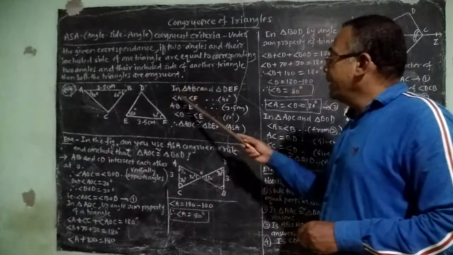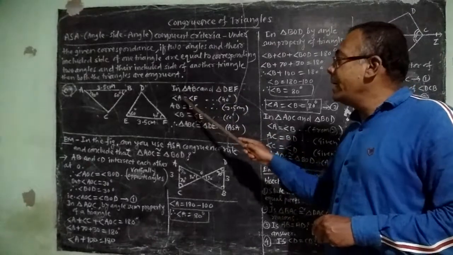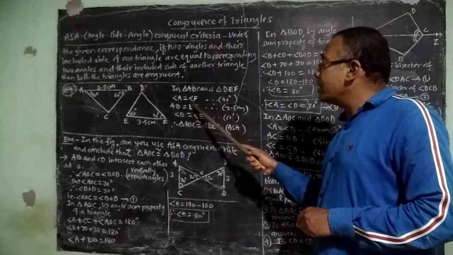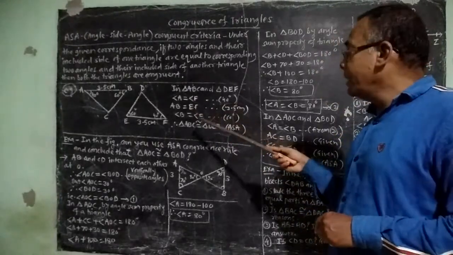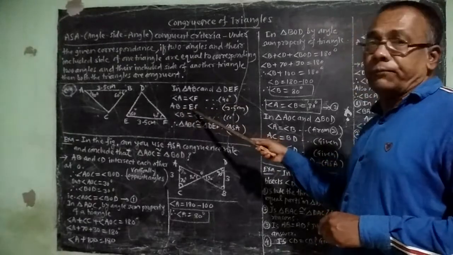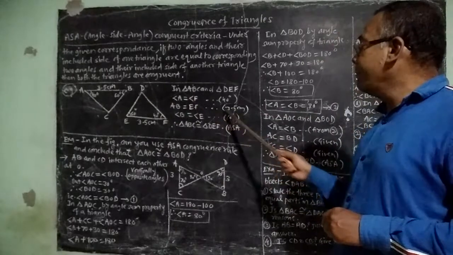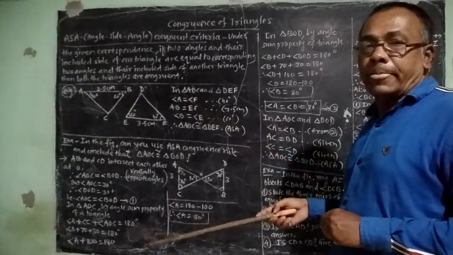So here in triangle ABC and triangle DEF, angle A equals angle F. These two angles are equal because their measure is 40 degrees each. Then AB equals EF, meaning these two sides have length 3.5 centimeters, so they are also equal.